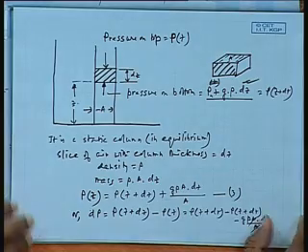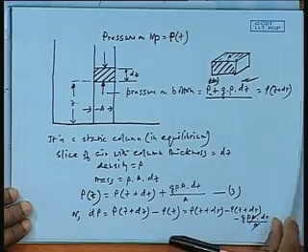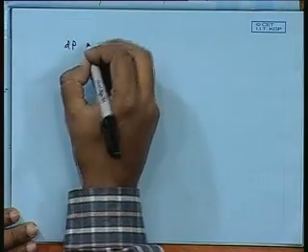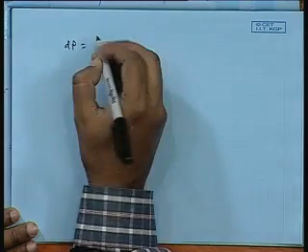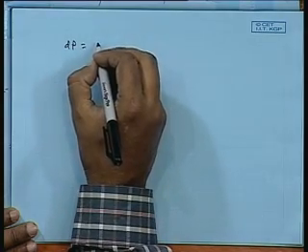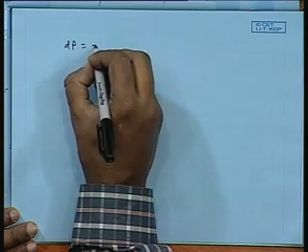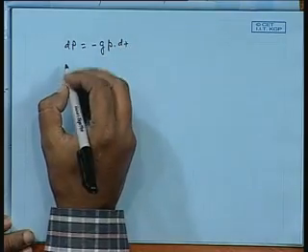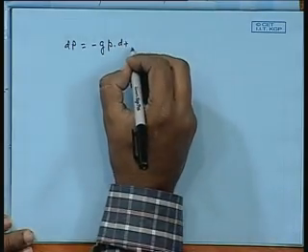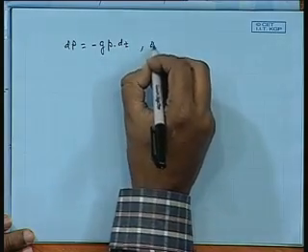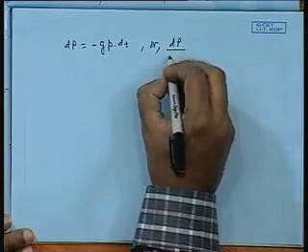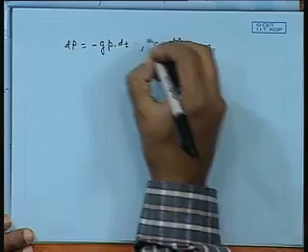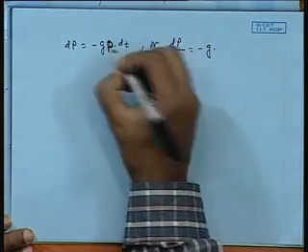So we can find dP is equal to minus g rho dz, or we can write dP divided by dz is equal to minus g into rho, right? This one is rho, I am sorry, this is rho.